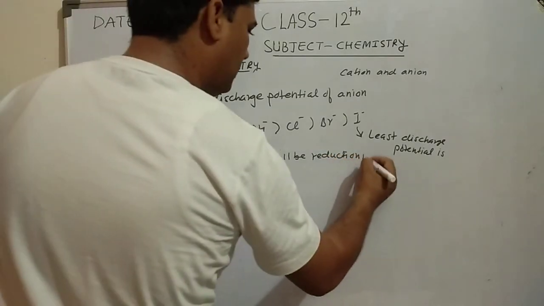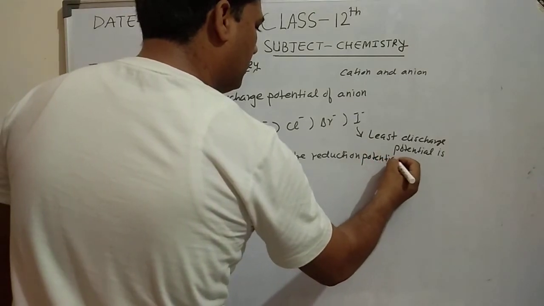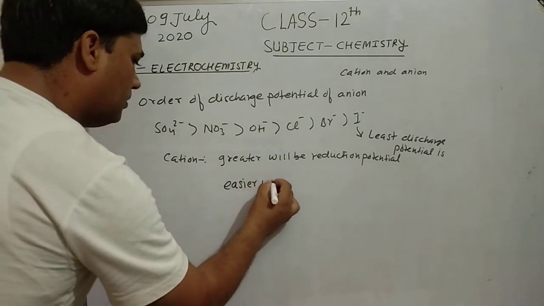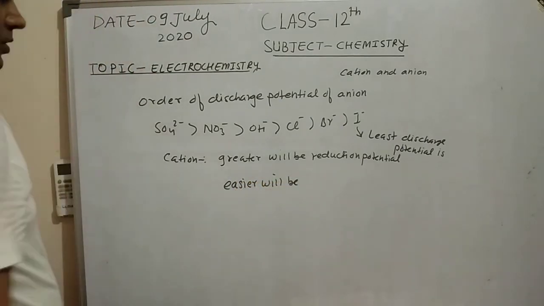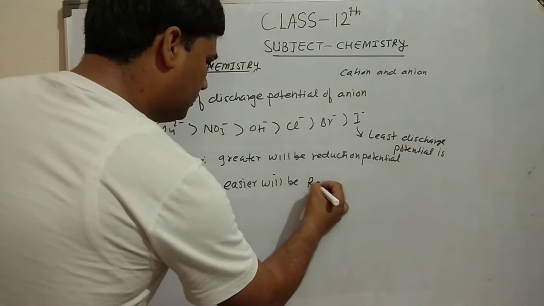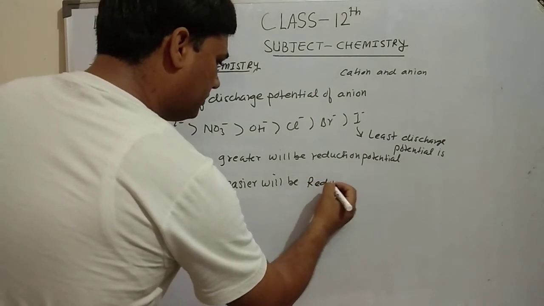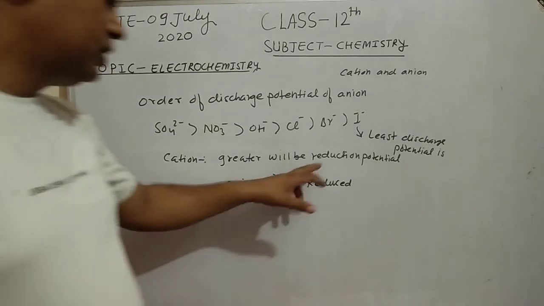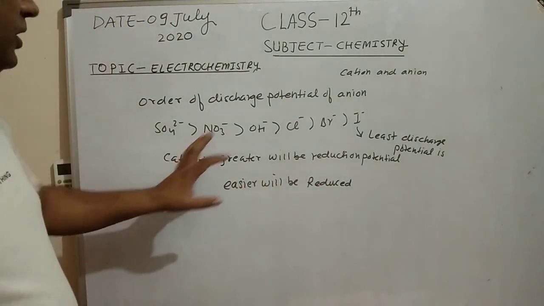The greater the reduction potential, the easier it will be reduced. The cation which has greater reduction potential is easily reduced.